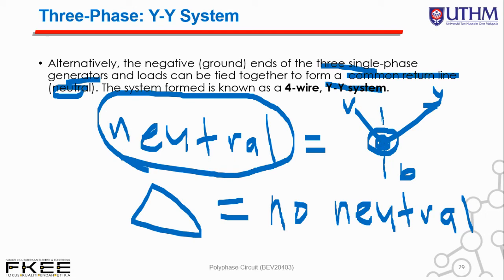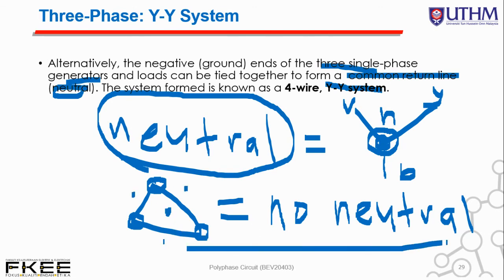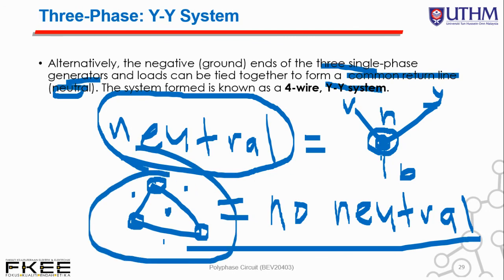We call this N. But for delta, there are three points over here, and there is not any point which is commonly connected somewhere here. This is impossible, meaning there is no neutral for delta. All right, as simple as that.